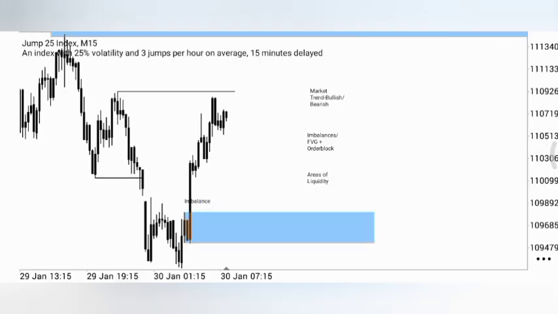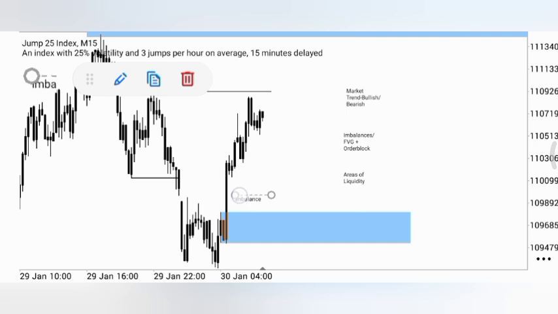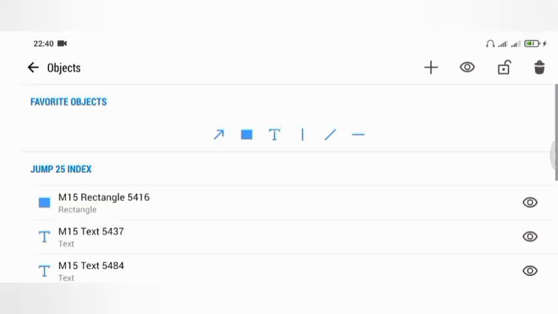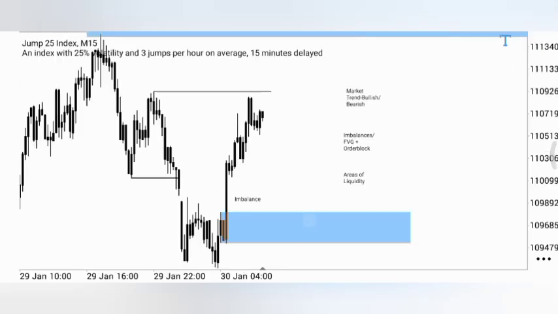Okay, so this is our imbalance, and this is our point of interest or order block.